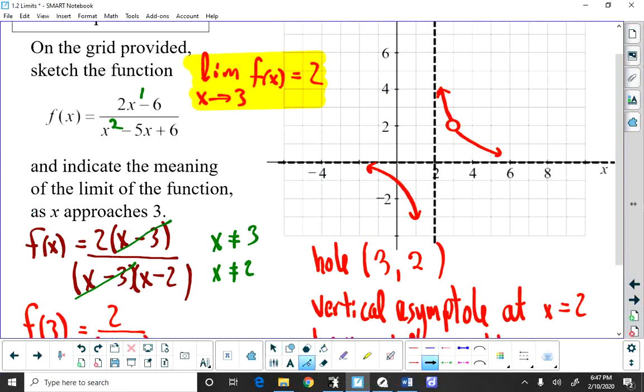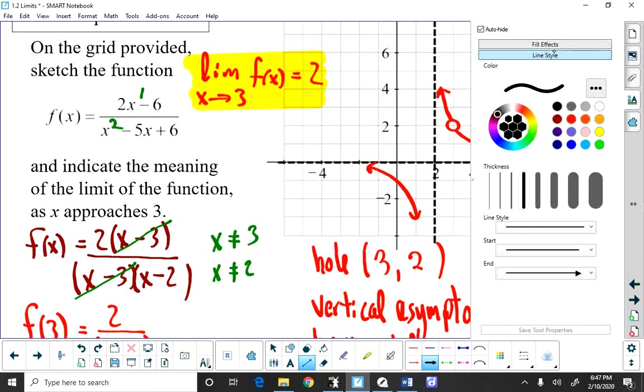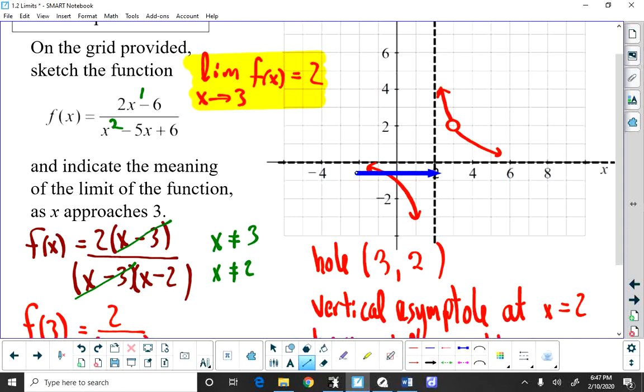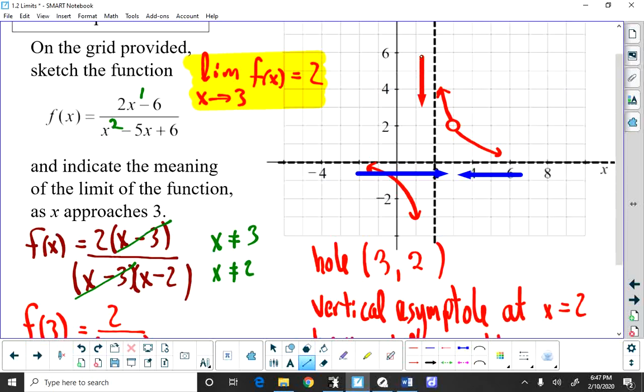And here's the basic explanation. The basic explanation is that as x gets closer and closer and closer to having a value of 3, y will get closer and closer and closer to having a value of 2.